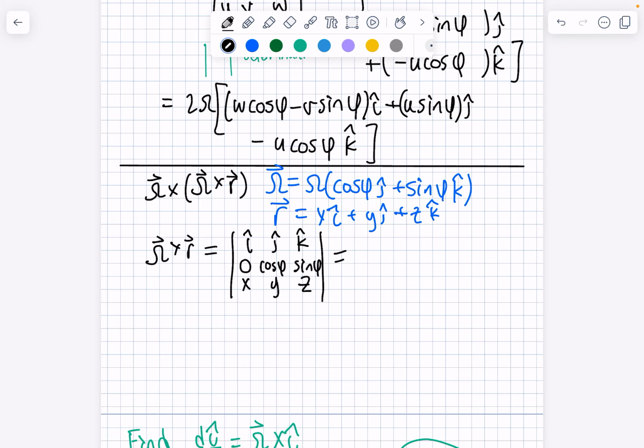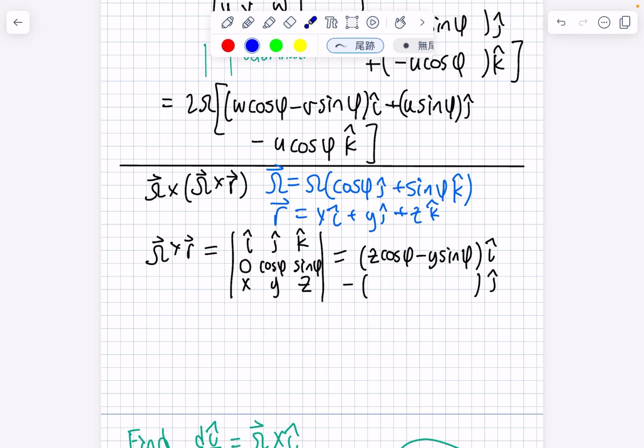So this is equal to, let me think, cos phi z minus sine phi. Actually, when you write it in a way, that'll be easier to see. So z cos phi minus y sine phi times I. And we have a minus times j.